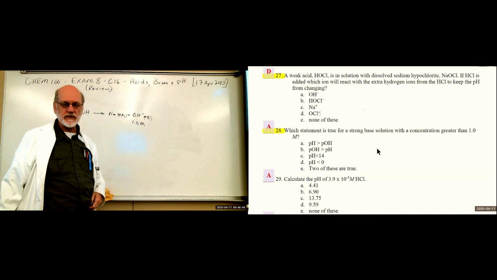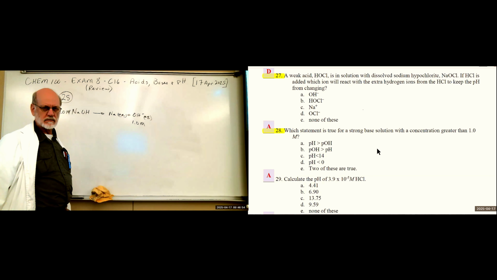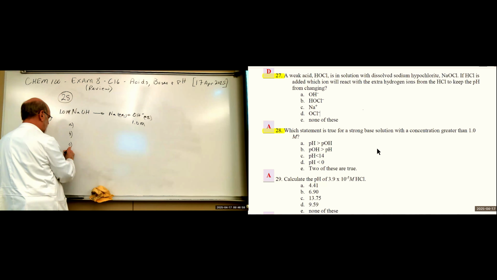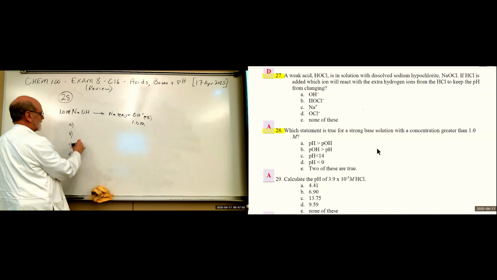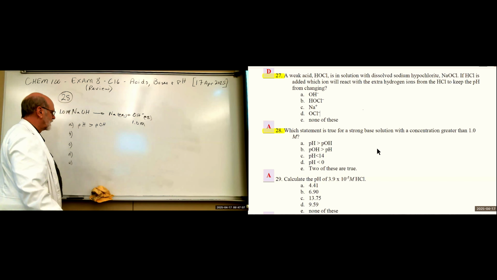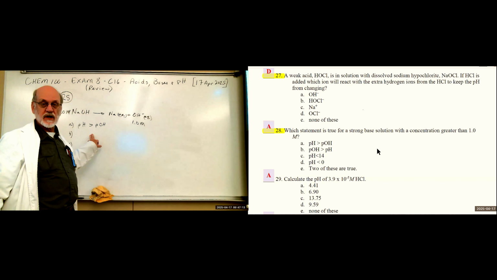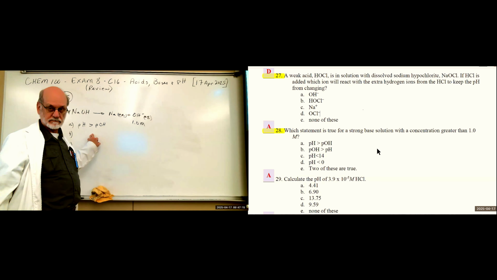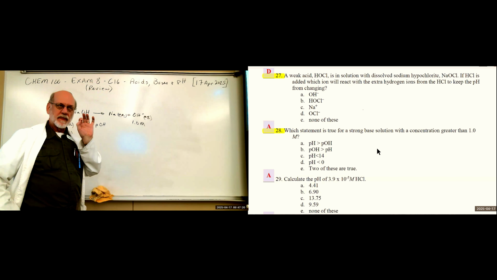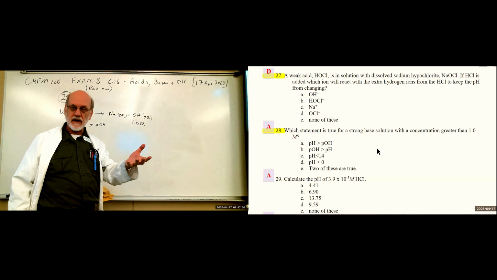So let's look at our choices. pH is greater than pOH. What does that mean? If pH is equal to pOH, we have a neutral solution. Remember, pH runs in the opposite direction to the hydrogen ion concentration.